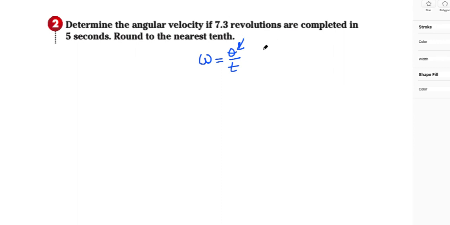Well, we just did that in the last problem where we take the 7.3 and multiply it by 2 pi, and then we're going to divide that by 5. And so with the calculator again, we're going to get our answer of 9.2 radians per second.